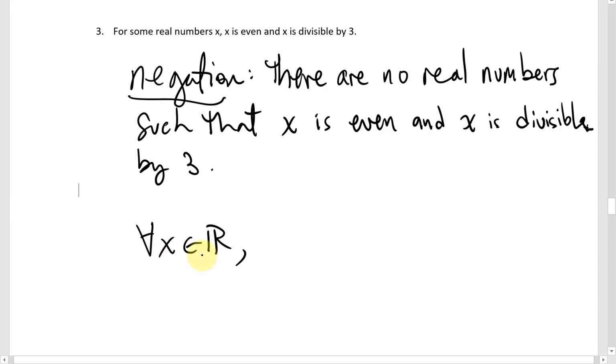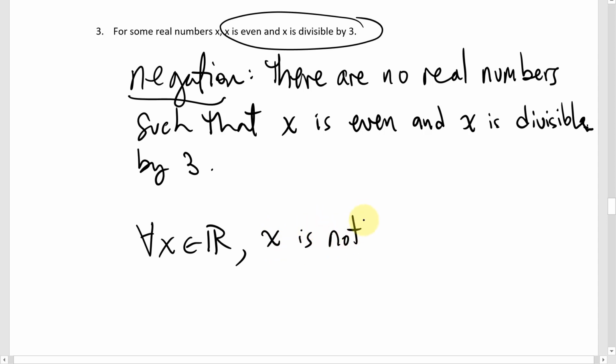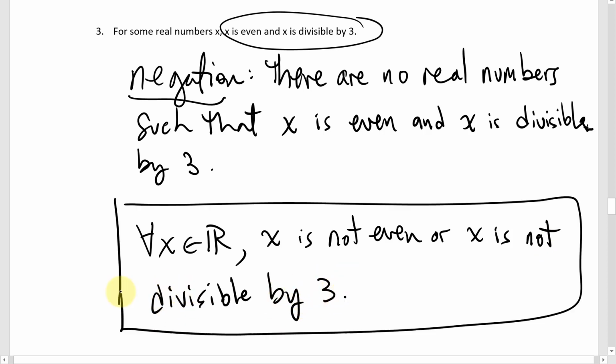So I'm going to say for all x's, and then I'm going to negate this: x is not even or x is not divisible by 3. I'm using De Morgan's law. X is not even doesn't mean it's odd. It's just not even. It could be a decimal. X is not even or x is not divisible by 3.